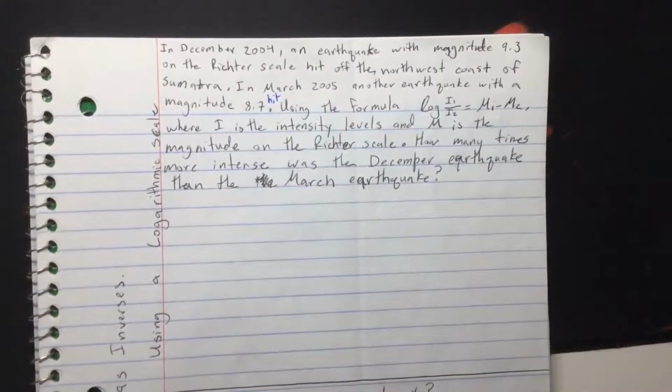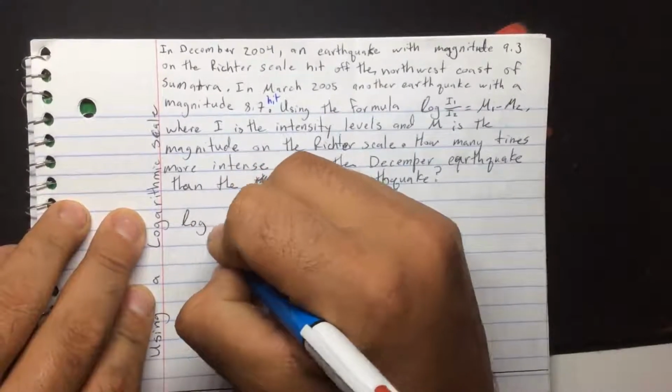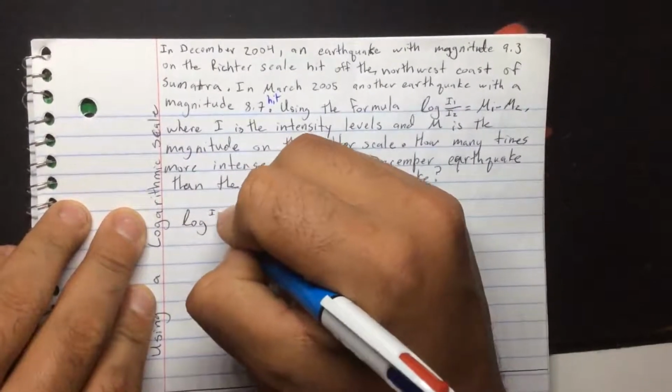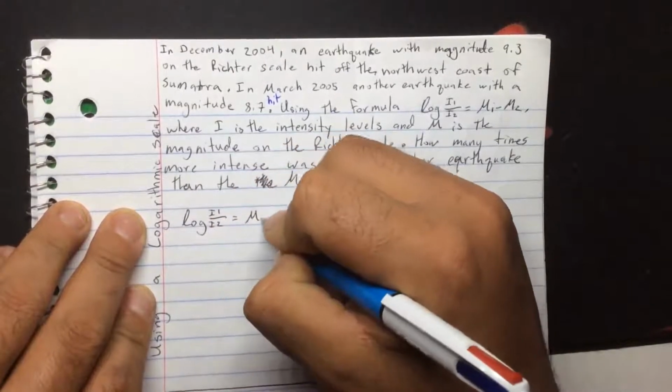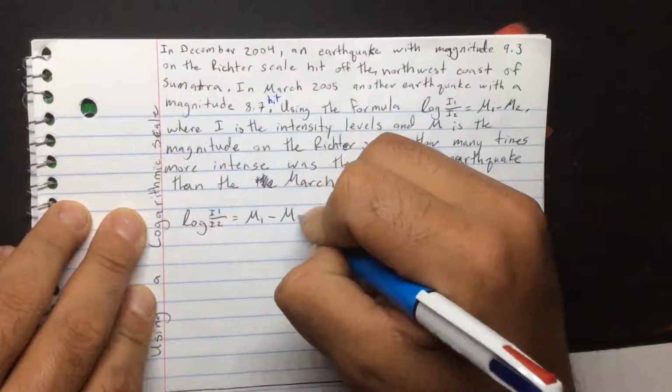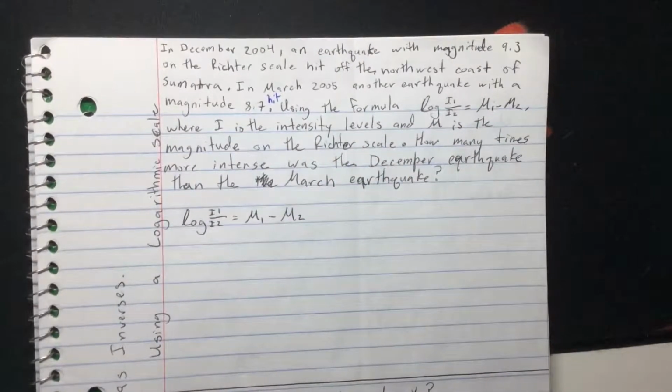We're going to use the formula they gave us and write that down here. We have our log of the intensity 1 over the intensity 2 is equal to magnitude 1 minus magnitude 2. In order to do this, we just substitute what we have.